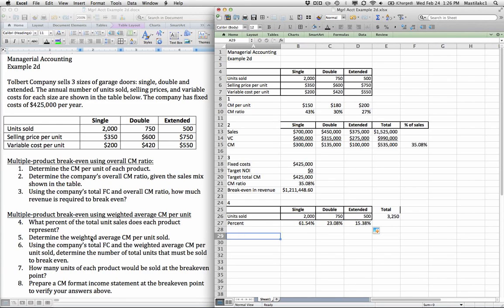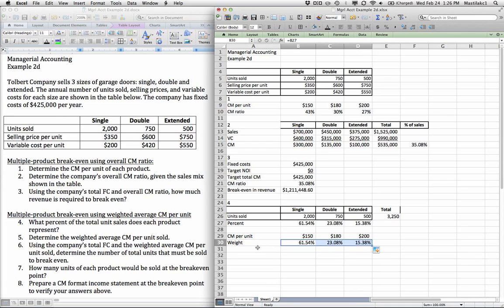Requirement 5, determine the weighted average contribution margin per unit sold. So what we're going to do here is we're going to take the contribution margin per unit, which we figured out above, and we are going to weight it by the percent of sales that it represents.